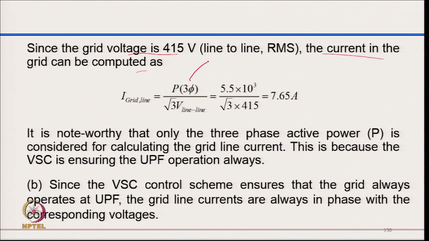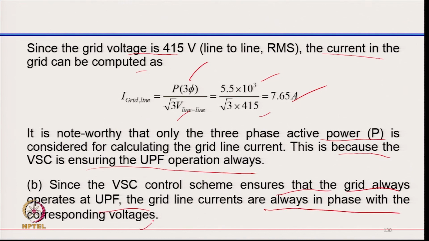So, you have P, because we are maintaining unity power factor, divided by root 3 times line voltage. From putting in the values we get 7.65 ampere active current. It is noteworthy that only the 3 phase active power is considered for calculating the grid side line current, because the voltage source converter ensures unity power factor operation all the time. And since the VSC control scheme ensures that the grid always operates at unity power factor, the grid line currents are always in phase with the corresponding phase voltage.